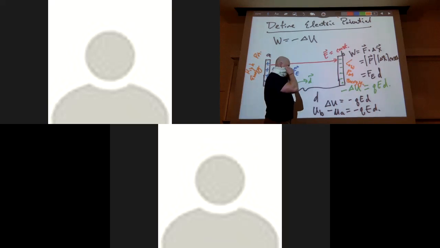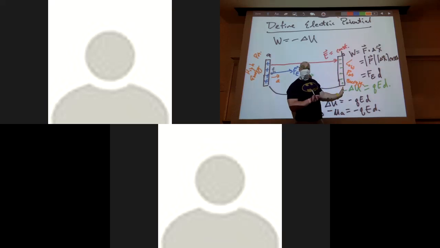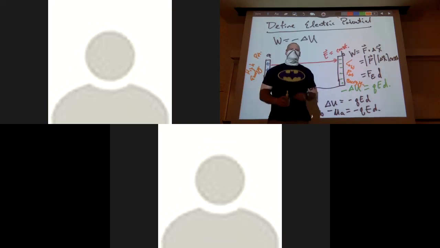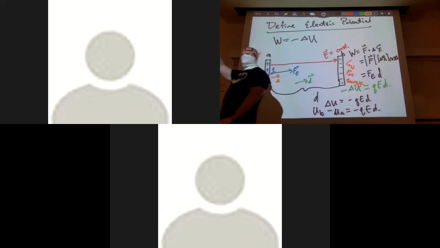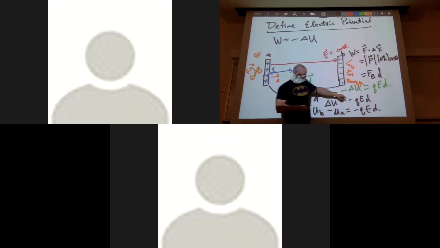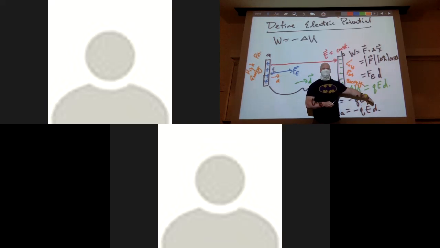What this also tells me is if I call this region 0 potential energy, like we could with gravitational, right? I can always call the top of this stage my 0 potential energy region. This thing starts off with potential energy, ends with 0 potential energy. Eventually it's going to break. Which means that as long as I have a constant electric field, the potential energy is simply equal to QED.